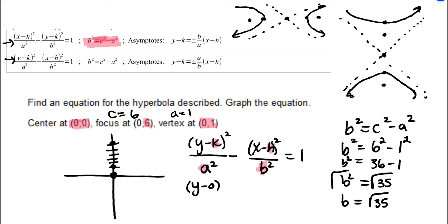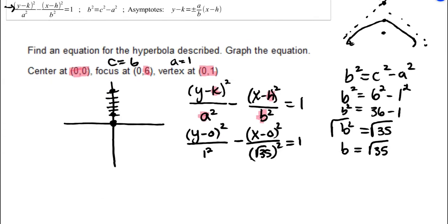That's y minus 0 squared over a squared, so that's 1 squared, minus x minus h squared, that's x minus 0 squared, over the square root of 35 squared equals 1. And if I simplify, that would give me y squared minus x squared over 35 equals 1. So that's the equation of the hyperbola.